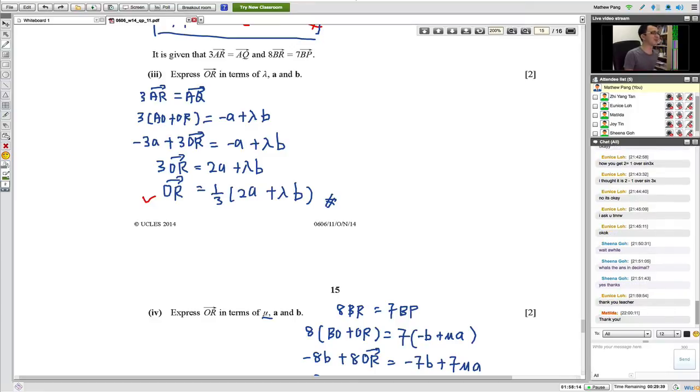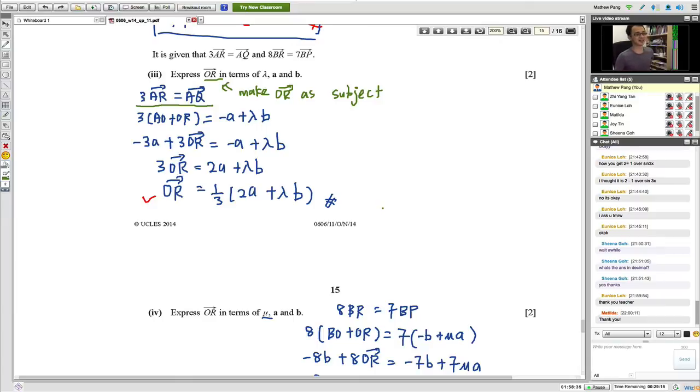So whenever they say express OR, you must understand this one is make the OR the subject. So you have to try all your methods from the equation to take out the OR from this equation. So you must understand the question.